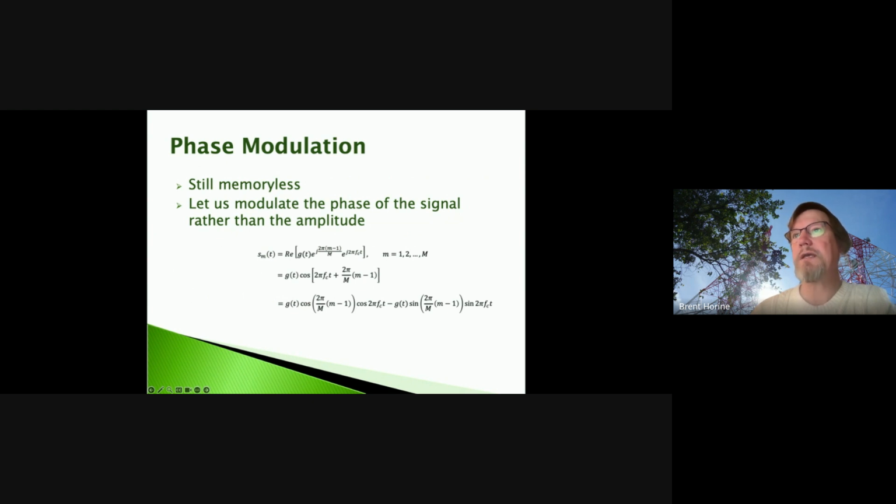So e to the complex value is going to give us a magnitude of 1, but a phase, and phase is represented by the argument here. When we have a j and then a real argument, that j makes it imaginary, and so e to the j represents a phase.